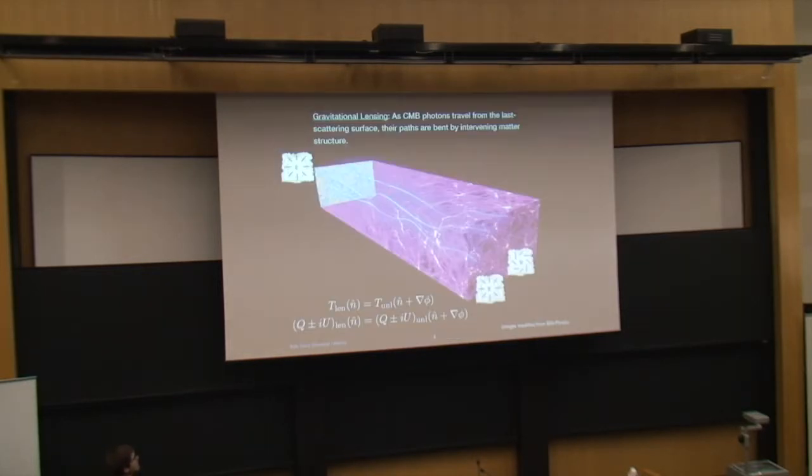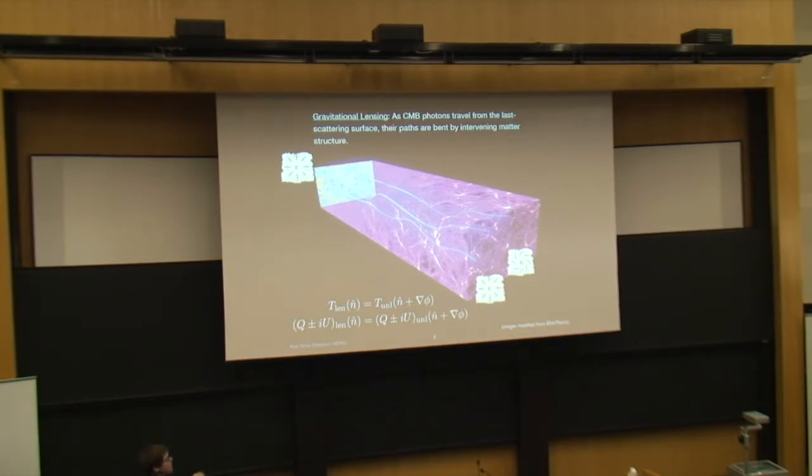I'm not going to spend much time at all on an introduction to lensing, since we've all been here all week and many people are already experts in this. But just for students or other people in the audience, one or two slides of background: lensing is just the fact that CMB photons travel from the last scattering surface to us to observe today.